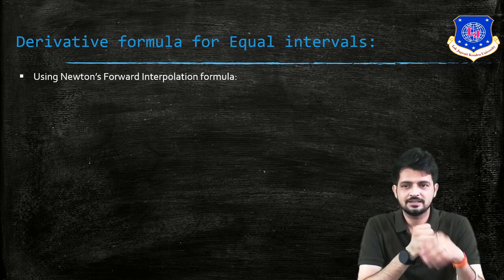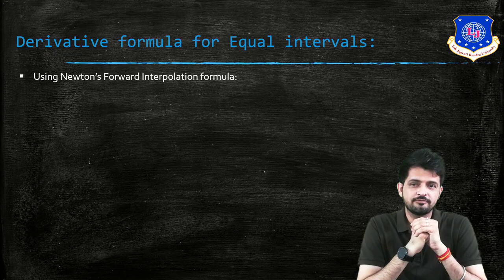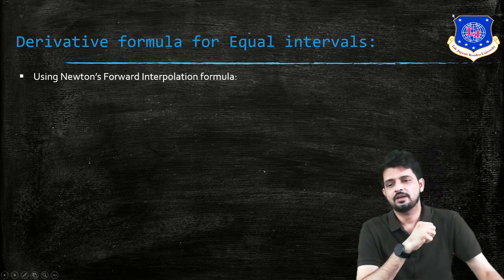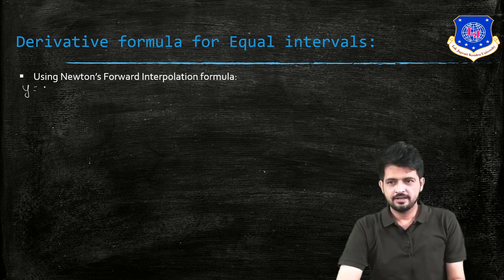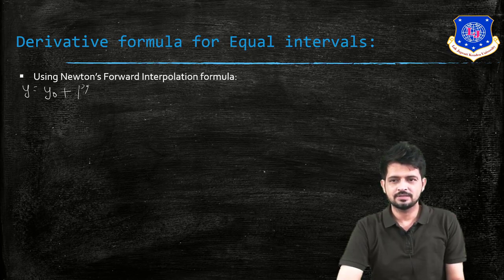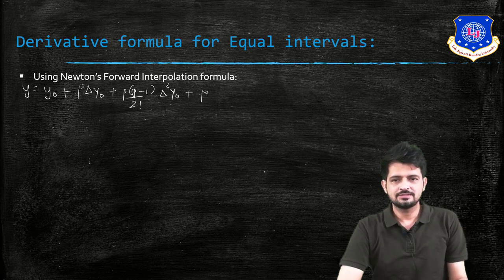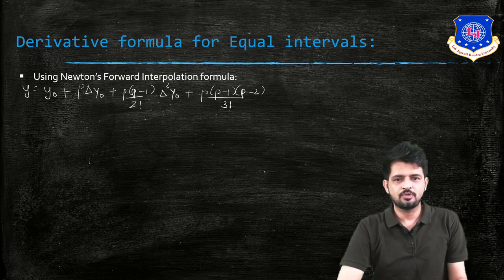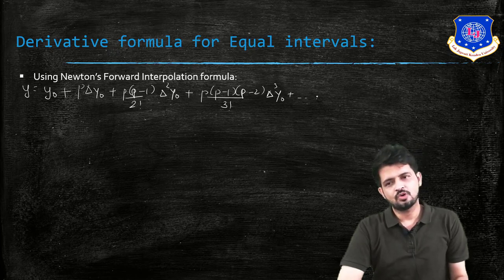So let us consider the Newton's forward interpolation formula that we have already derived in the previous session. Okay, see, if we write the Newton's forward interpolation formula, then it can be written like this: y0 plus p del y0 plus p into p minus 1 upon 2 factorial del square y0 plus p into p minus 1 into p minus 2 upon 3 factorial del cube y0 and so on.